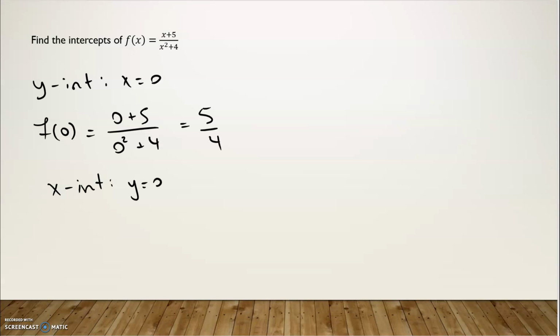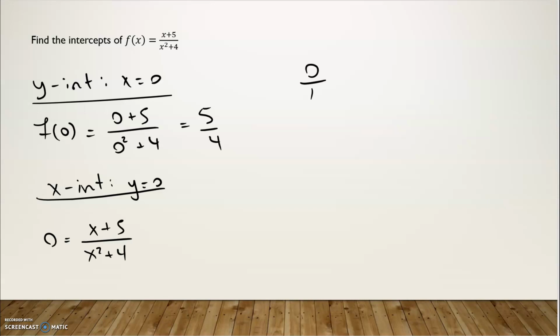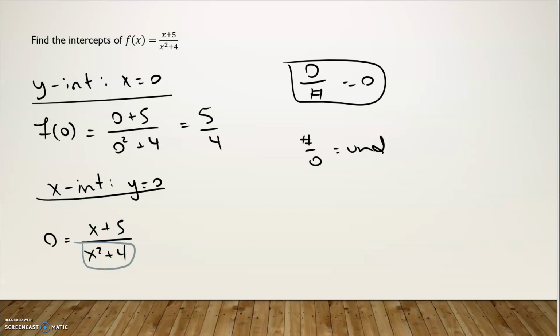And then our x-intercept is where y is equal to 0. So we're going to set this equal to 0, x plus 5 over x squared plus 4. Now, I've said before that 0 over a number is equal to 0, whereas a number over 0 is undefined. So we're looking at this right here. It does not matter what that number is. It only matters that the top part is 0. That's what makes the entire thing 0. So we really don't care about this number right here.